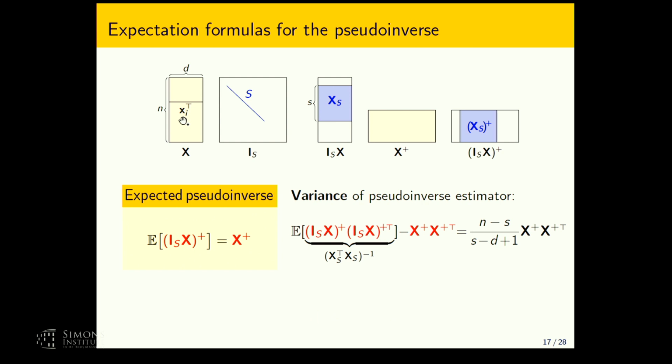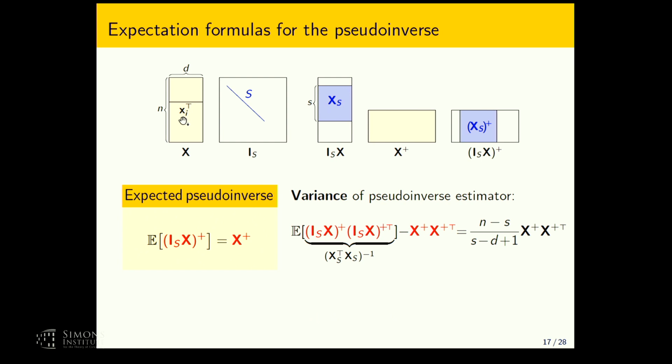On top of that, we can actually compute a matrix variance of that pseudo-inverse estimator. This is one notion of matrix variance one can consider. We basically square the estimator matrix and then subtract the square of the mean. And we get an exact formula, which has a factor that decays with the subset size, which makes sense, since the variance should go down.